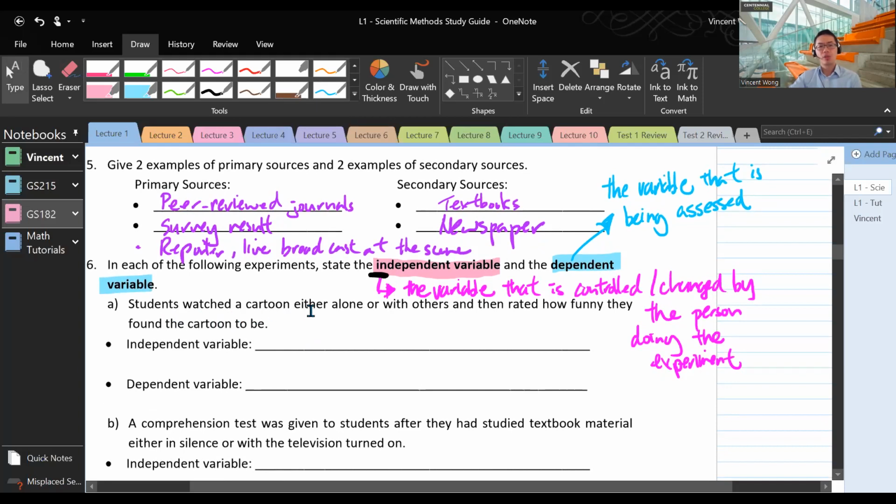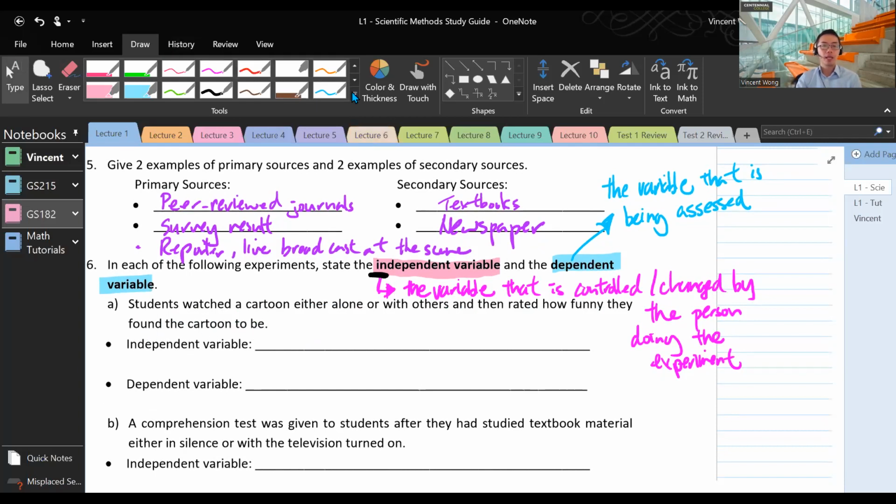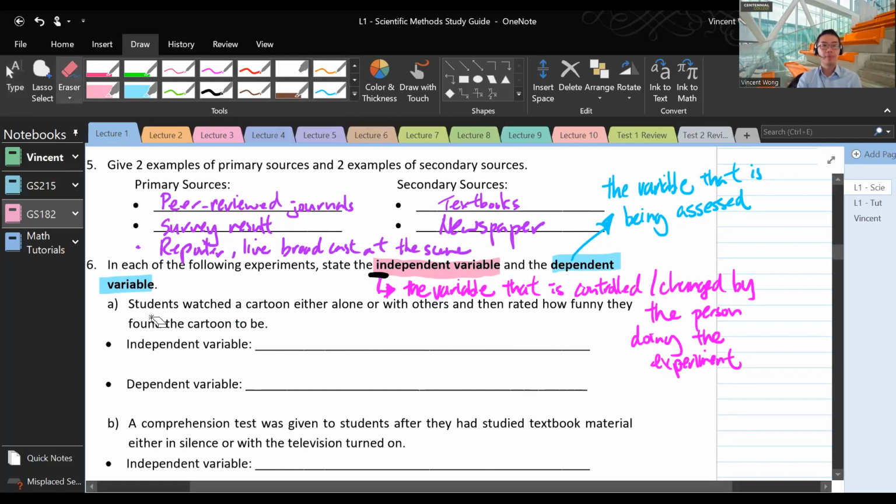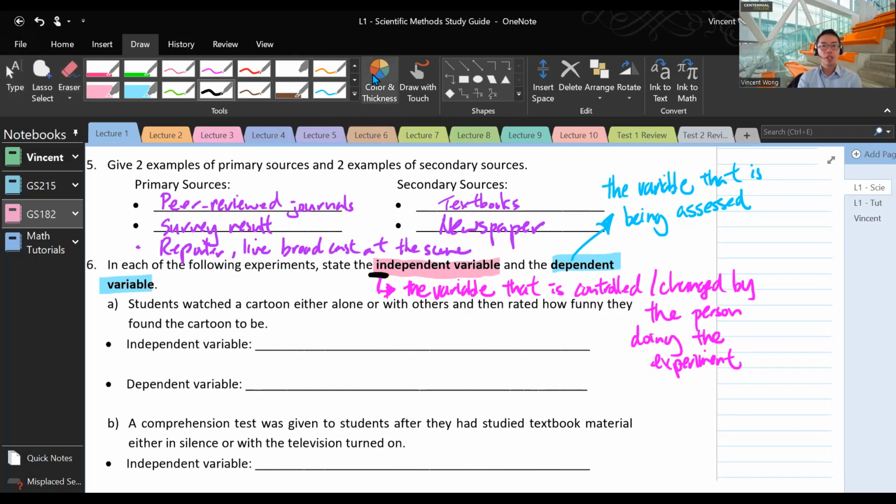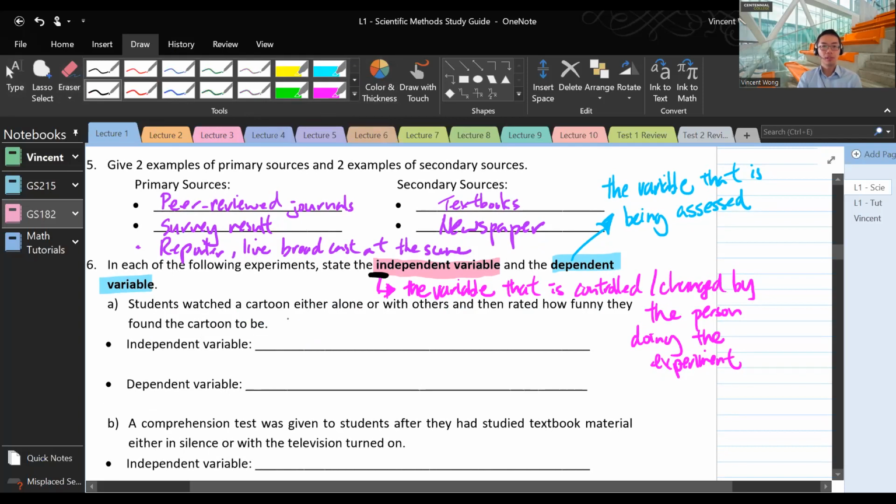Students watched a cartoon either alone or with others, and then rate how funny they found the cartoon to be. So the independent variable in this case would be watching the cartoon alone or with others. So you can control, right? Like you go watch it yourself.